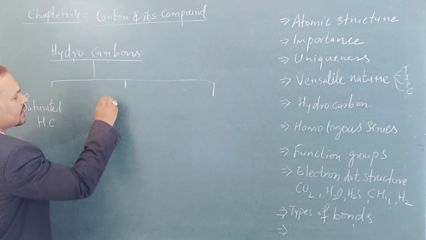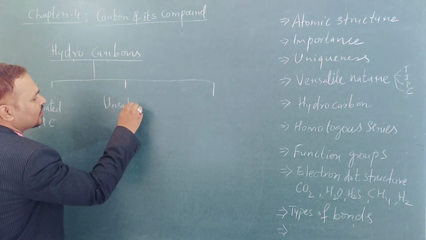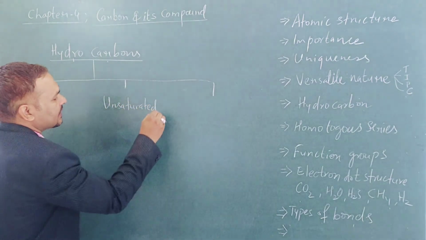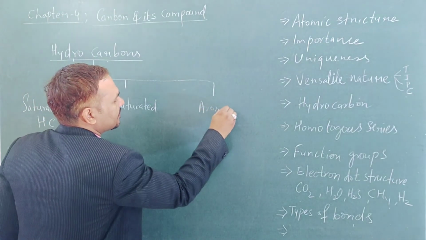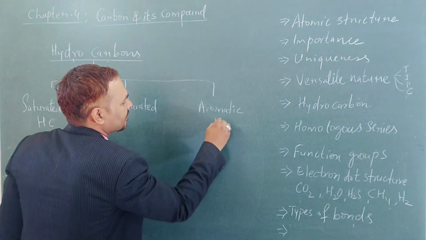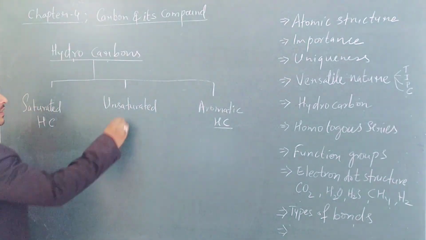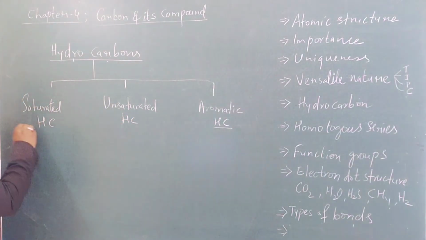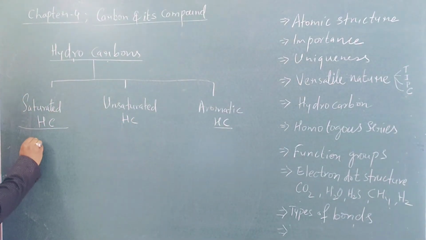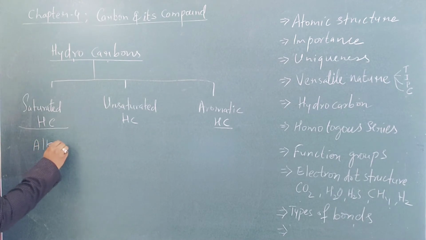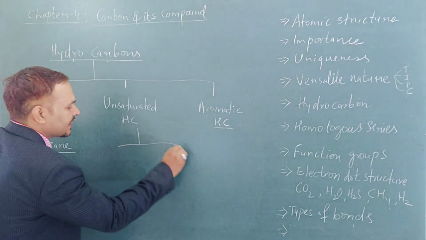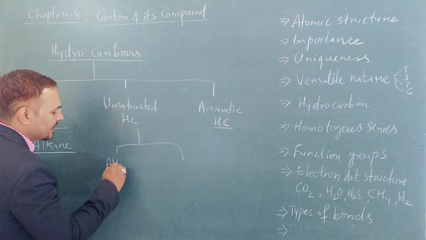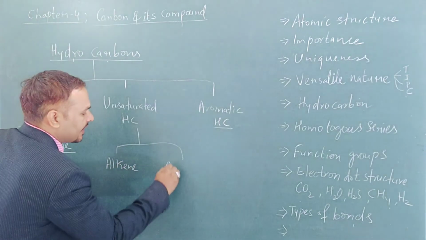The next one is unsaturated hydrocarbon, and the third one is aromatic hydrocarbon. In saturated hydrocarbon, alkanes are there, right? In case of unsaturated hydrocarbon, there are again 2 types, alkene and alkyne.